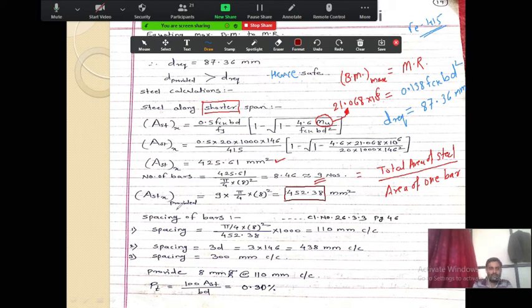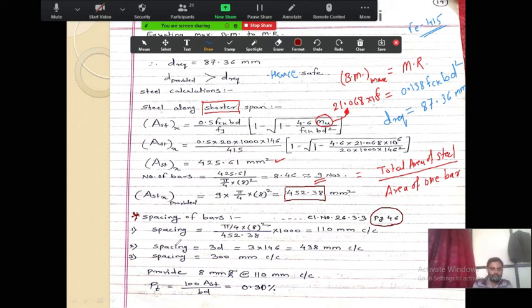Now after Ast x provided, we are going to calculate the spacing. What is the spacing of the bars? To calculate the spacing, first we will use our 3 formulas which I have already told you. It is given on page number 46, clause number 26.3.3.